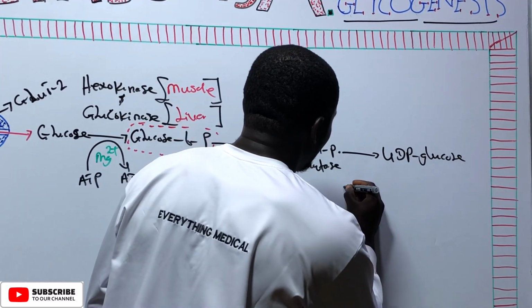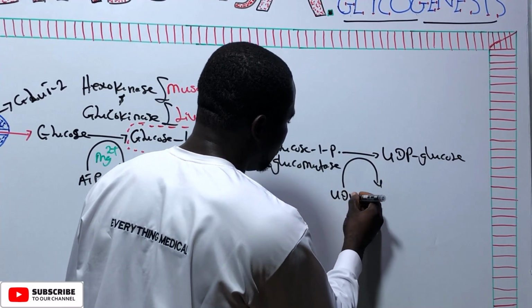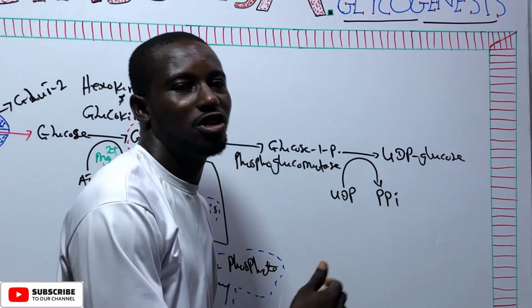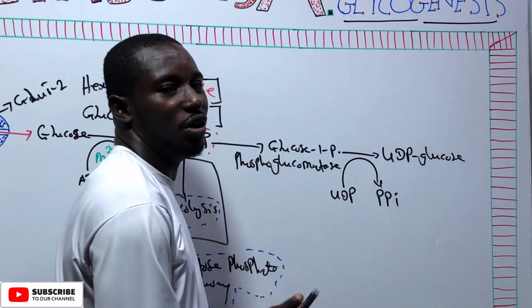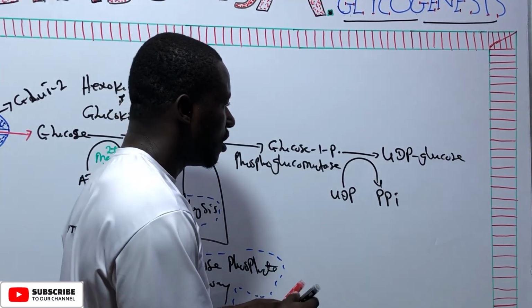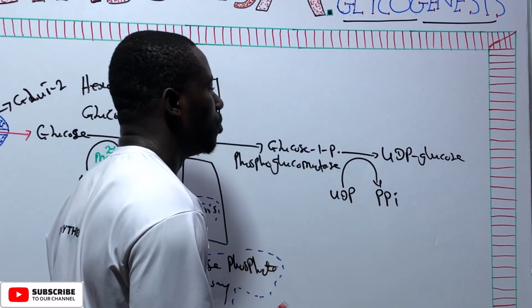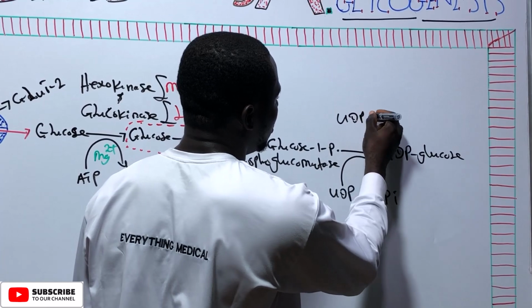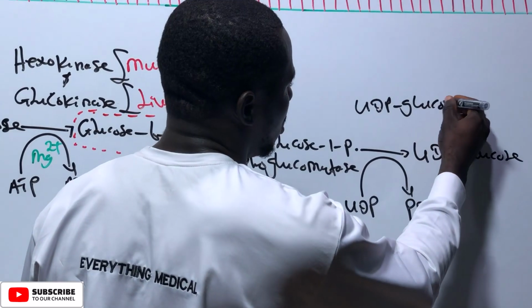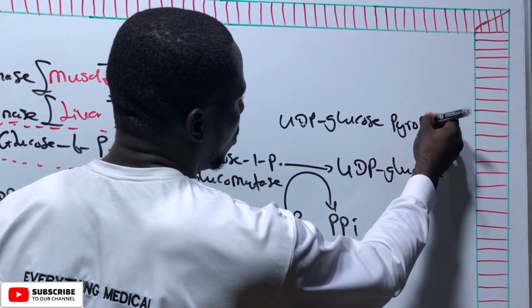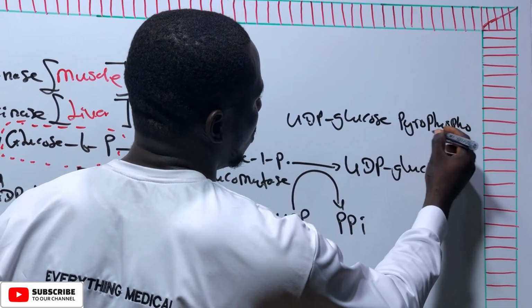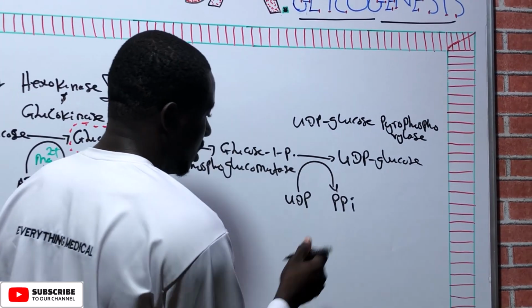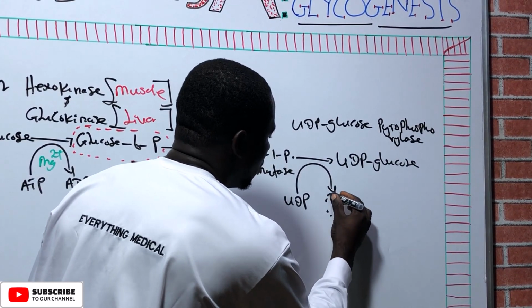UDP-glucose releases PPi, inorganic pyrophosphate, a very profound energy bond in terms of metabolic reactions. That's how it works.